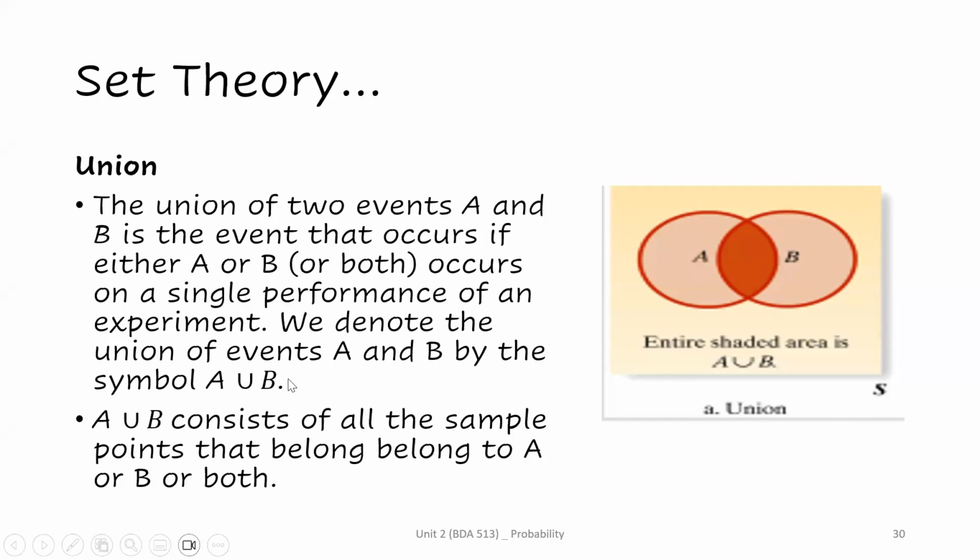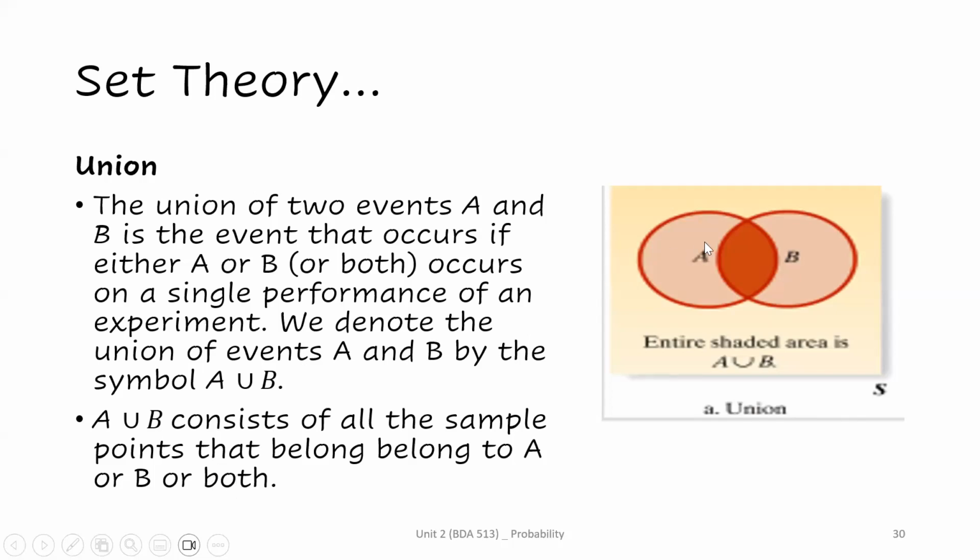I'm sure most of you are conversant with this already. A union B consists of all the sample points that belong to A, or B, or both.